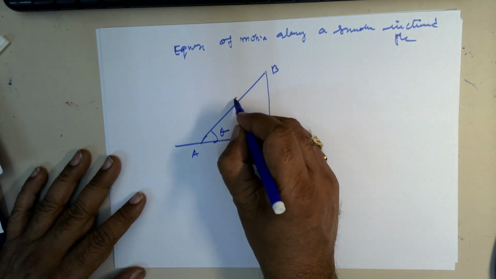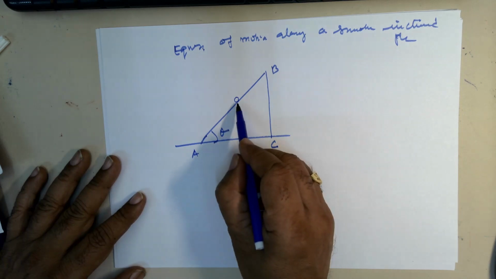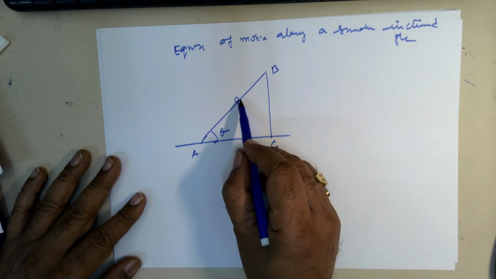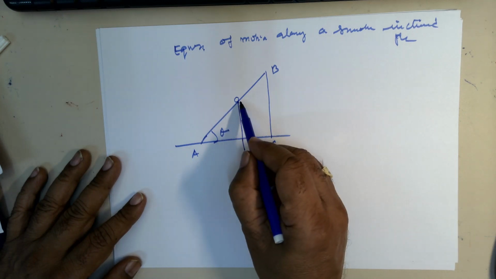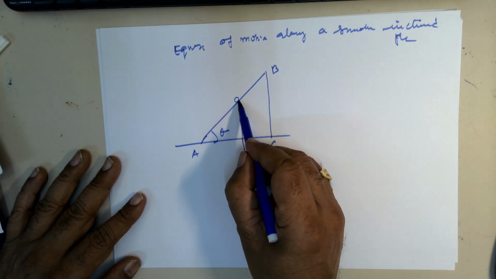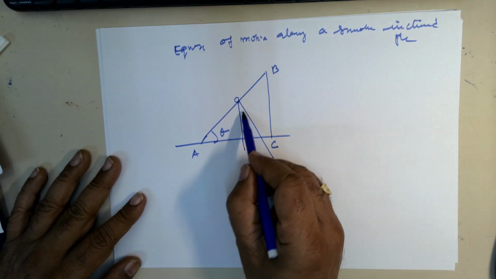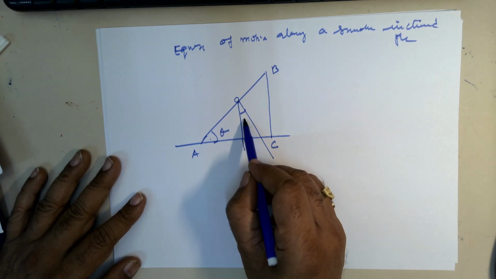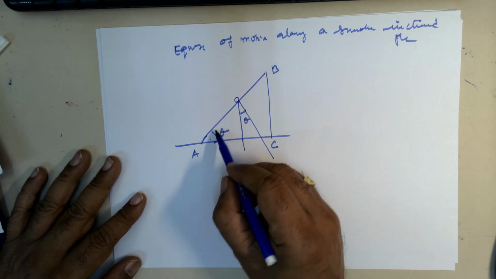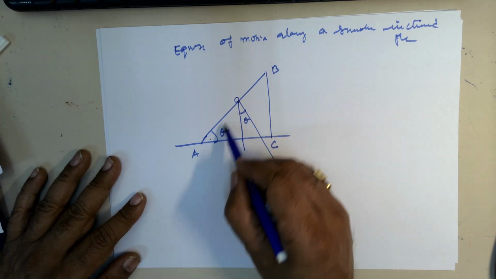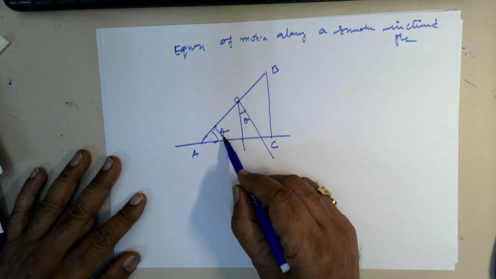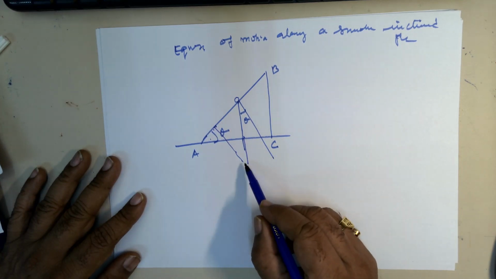Now the object is here, and from here this is a vertical line. If it is theta, let us draw another angle like this at the same angle, also theta. And from here you can draw another parallel line like this.